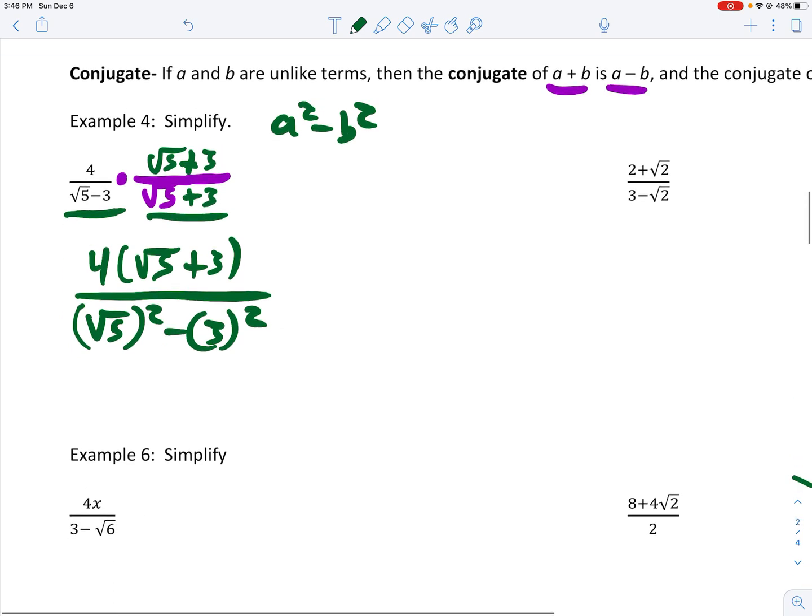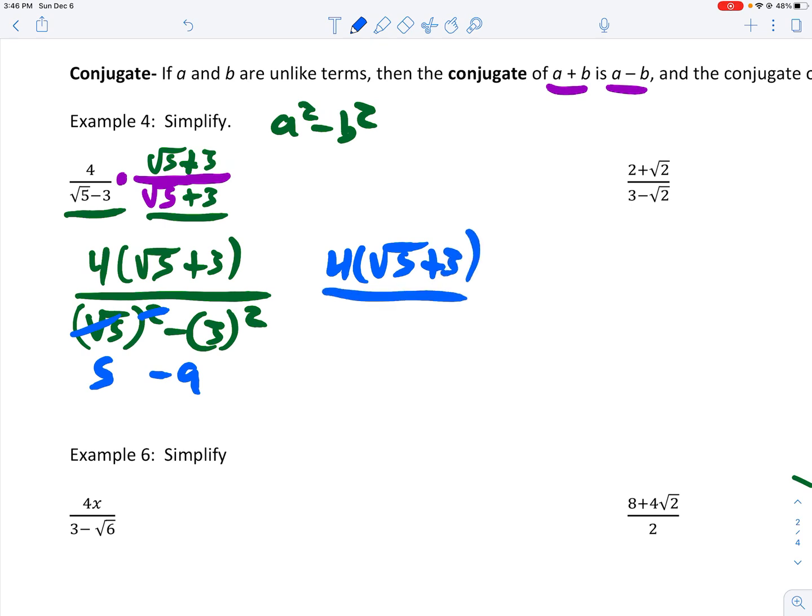So the square root and the square reduce. So you just get 5, and 3 squared is 9. So you get 4 times root 5 plus 3 over 5 minus 9, which would be negative 4.